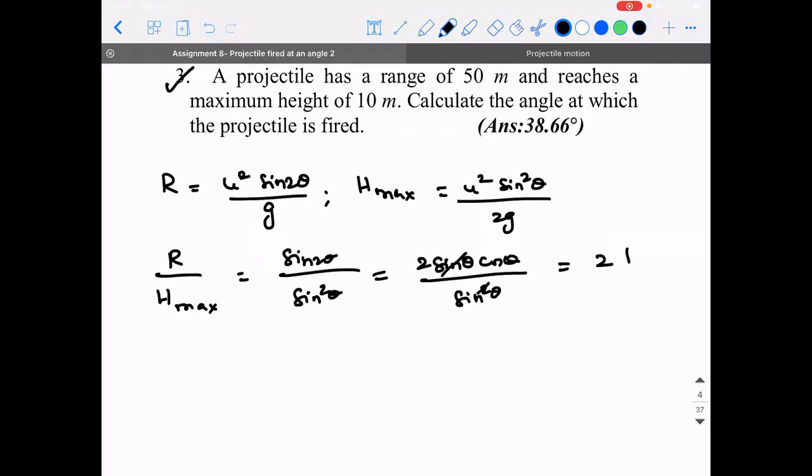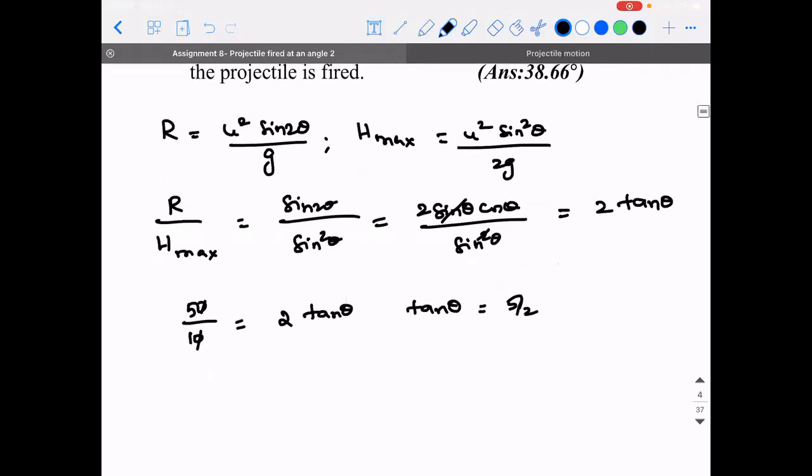It will become 2 tan theta, right? So R is 50 and H max is 10. 2 into tan theta. This and this will get cancelled. So tan theta will be equal to 5 by 2. Then what will be the value of theta, guys? It will be tan inverse of 5 by 2.